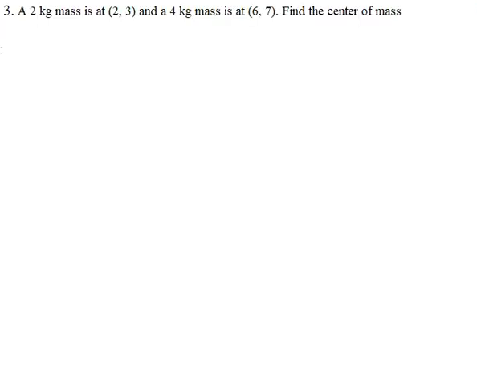Let's say we have this case. Let's say this is a question, and the question says a 2 kg mass, that is mass 1, given as 2 kg, is at the position (2, 3). If that is the case, you should understand that these are the coordinates on a 2-dimensional coordinate system.